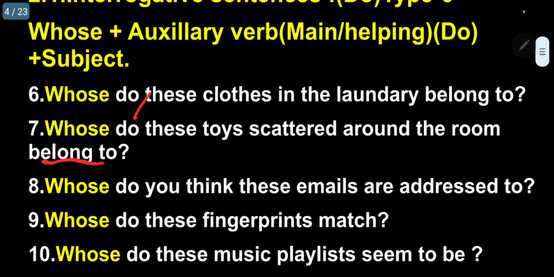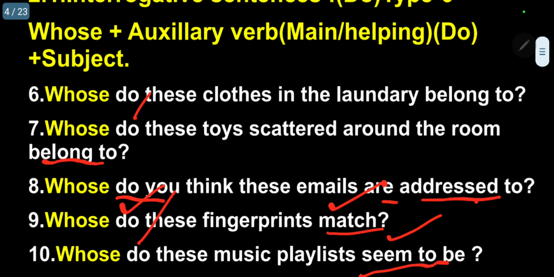Whose do you think these mails are addressed to? Do is the auxiliary verb and addressed is the main verb. Whose do these fingerprints match? Match is the main verb, do is the auxiliary. Whose do these music playlists seem to be? Main verb seem, do auxiliary.